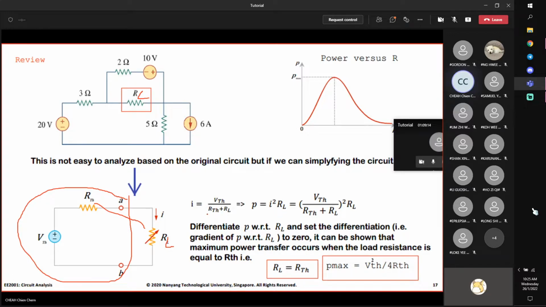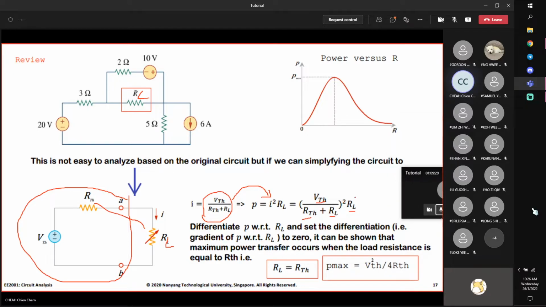Substitute I into here, and you get the power in terms of VTH, RTH, as well as the load resistance. So the question here is, what is the value of the load resistance that gives you maximum power?